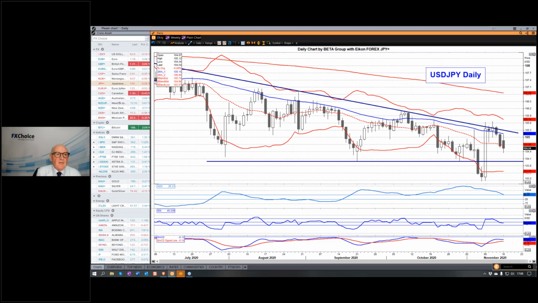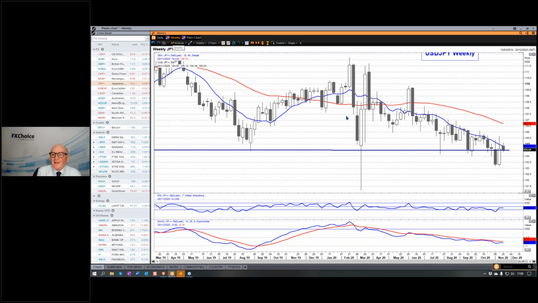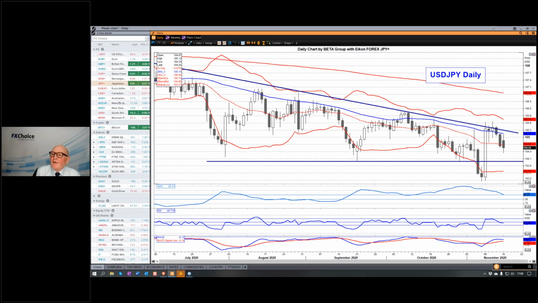Here is the weekly chart showing the long-term downtrend. Here it is stretched out on a daily chart, and so we should head lower. Be aware of the support at 104, but we've probed through it previously. I think we'll do it again. So this again would be a good place to participate in the dollar weakness play.